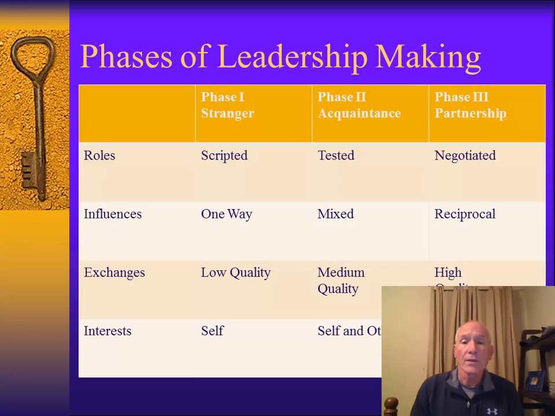phase, and there the roles become more tested. The leader may give the follower a little more latitude based upon knowledge, skill, ability, and levels of trust, and the leader may loosen or may assume a role that's less directive. The influences are mixed. The follower may influence the leader. Typically, that is again through performing in a manner that earns trust, both personally and professionally and technically.